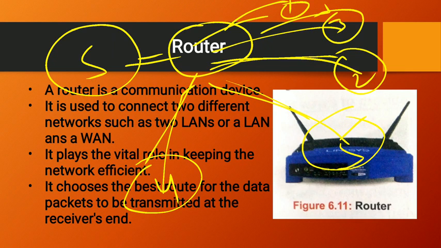If computer number 2 is asking, it will directly provide to 2, and it will not overlap any other network. Okay, so that is the work of the router. It will transmit the data very fast and choose the best route to transfer the data to the receiver's end.